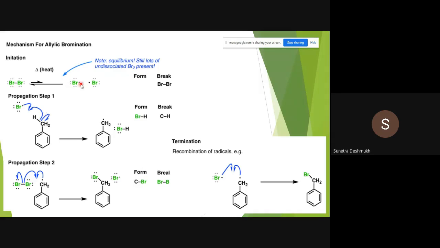That's why it's a reactive, highly unstable intermediate. As it's highly unstable and highly reactive, it will react very easily with our desired molecule. So pay attention to how radical reactions have to be represented.